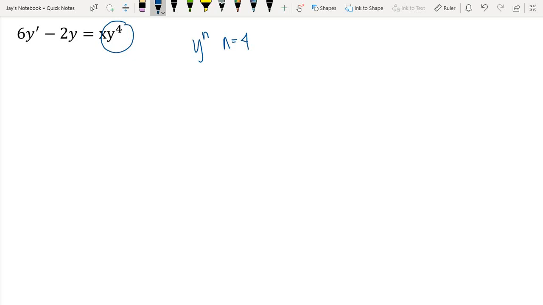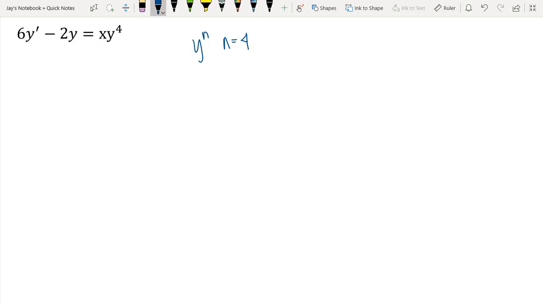So how are we going to get the general solution? First, we have to eliminate y raised to the fourth at the right side of the equation, by dividing both sides of the equation by y to the fourth.